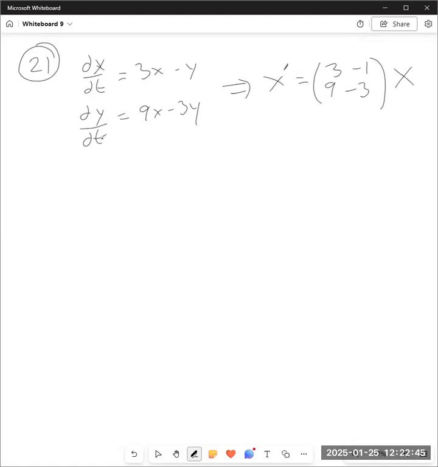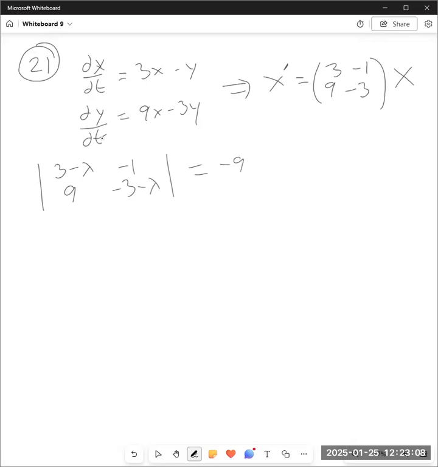And then that gives us a determinant characteristic equation to solve here, and this will be equal to 0.